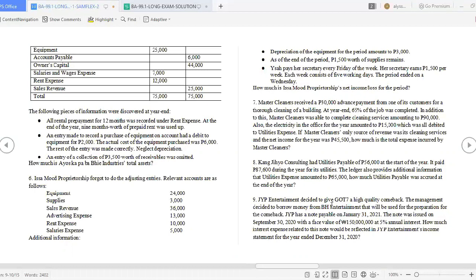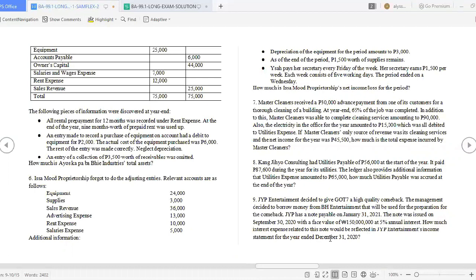So we have to compute for this interest expense. We get the face value of 150 million Korean won times the 5% annual interest times the period covered for the interest expense. So it was issued on September 30, and then we'll be computing until December 31, 2020.